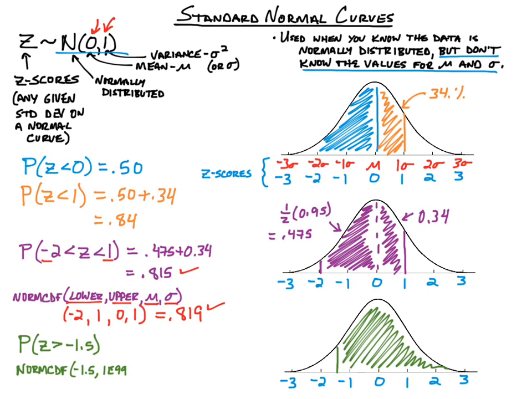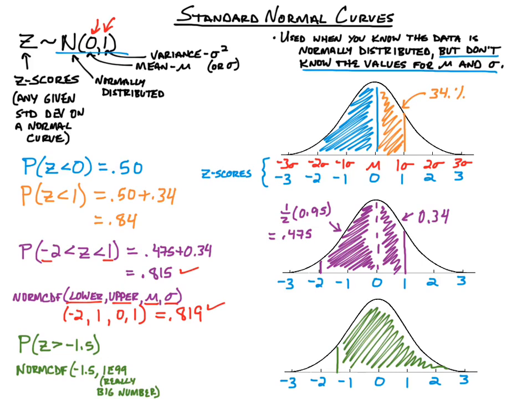In your calculator, you could put 10 to the 99th power. Sorry, I'm having a hard time saying that. Basically, all you have to do is put in a really big number. You could put in 10 million, and that will work as well. It's just a really big number outside of the range of your data.